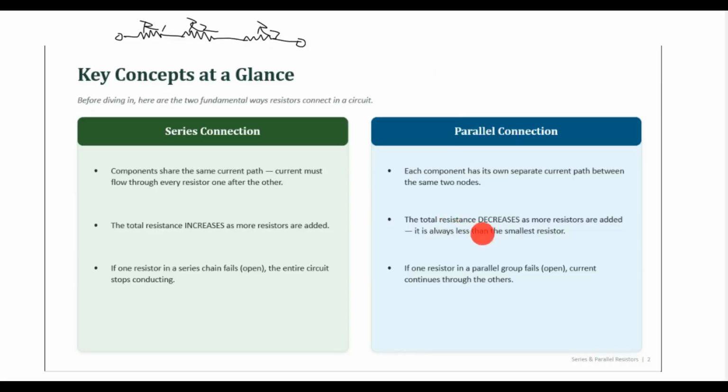But with a parallel combination, as I add more resistors, the total resistance will decrease. If one resistor in series has a problem, the entire circuit is affected. But for a parallel combination, if one of the parallel resistors has a problem, the other ones will still keep working because the paths through which current flows differ.